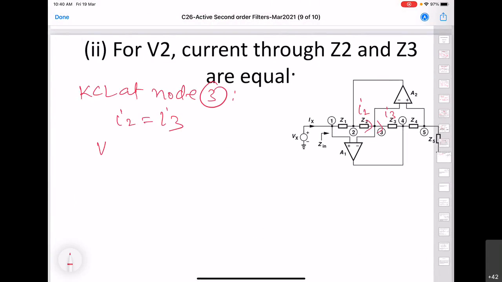What we get is V2 minus V3 by Z2 is equal to V3 minus V4 by Z3.